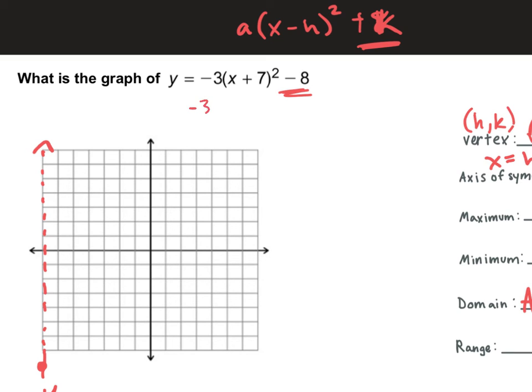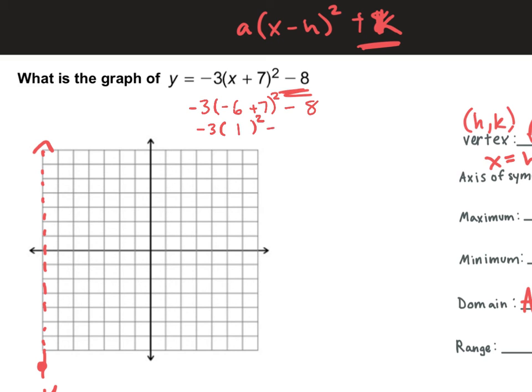So we have negative 3 times (negative 6 plus 7) squared minus 8. Now we just follow PEMDAS. So what do we do first? Parentheses. So what's negative 6 plus 7? 1.